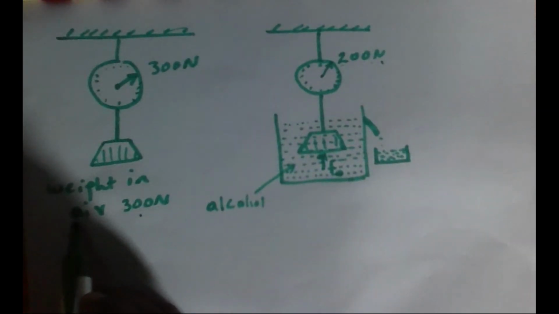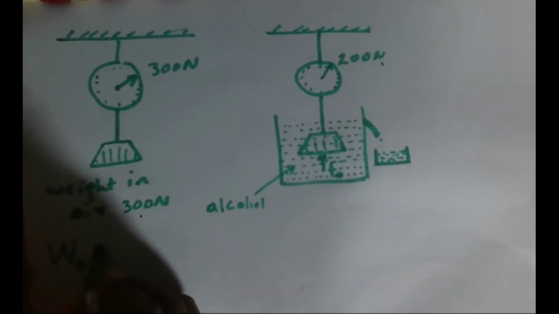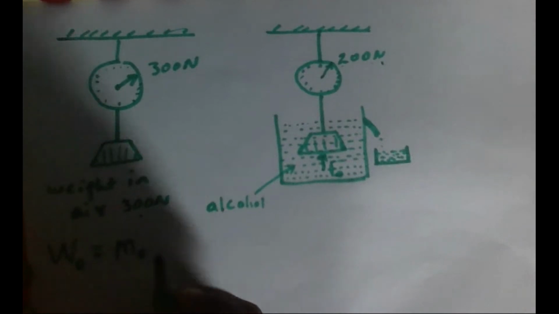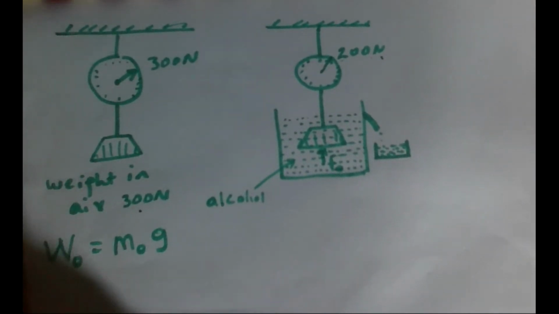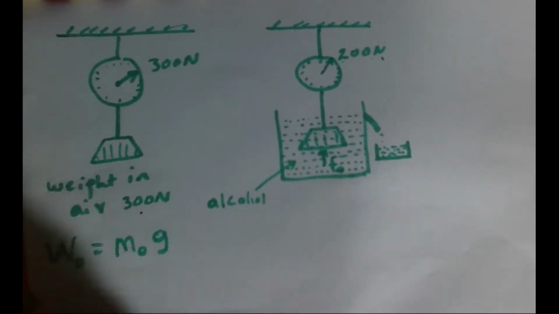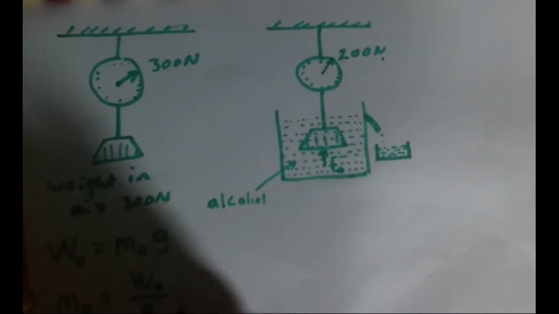But before that, let's calculate this. The weight in air is 300 Newton, which means the weight of the object is equal to the mass of the object multiplied by the acceleration due to gravity. Therefore, if you want to find the mass of the object, it is equal to the weight of the object divided by the acceleration due to gravity.